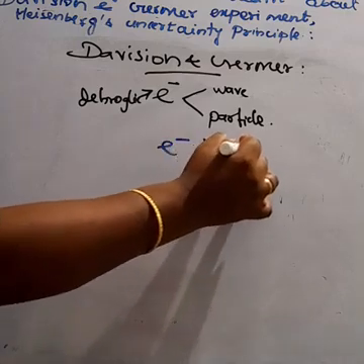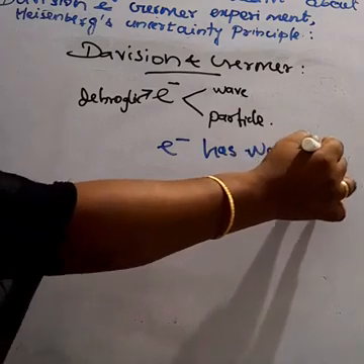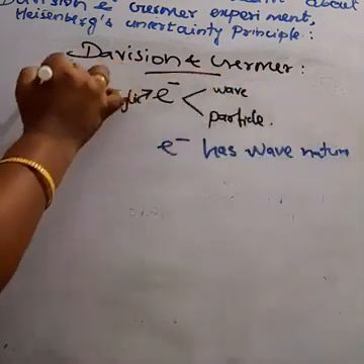Electrons have wave nature. How did they prove it? They did an experiment.